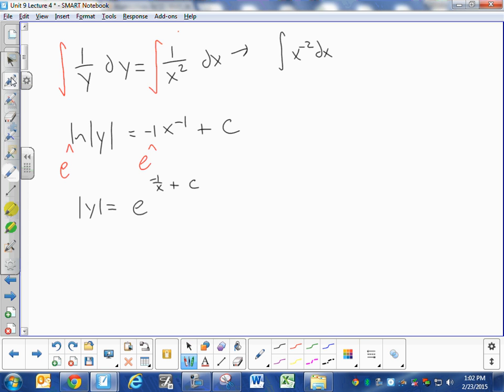Now, I can rewrite this e to the negative 1 over x plus c as e to the c times e to the negative 1 over x. That's that exponent property we talked about at the beginning of the lesson.